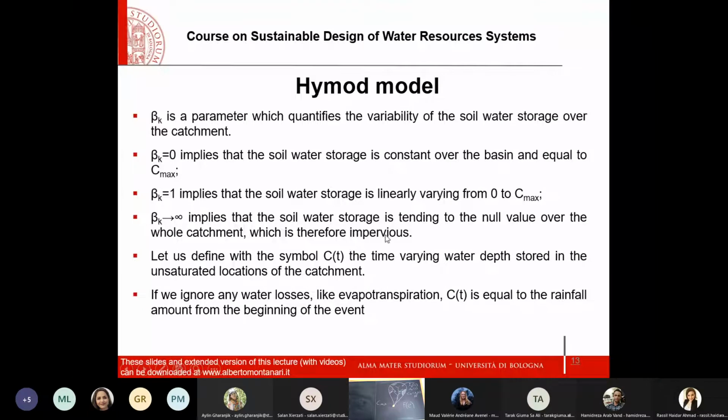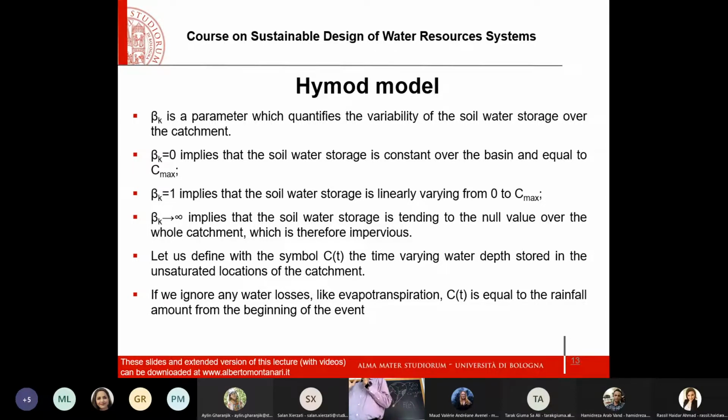Okay, now we already discussed what is the implication of different beta K values. And now I need to move forward to assume that a rainfall event occurs over the catchment.